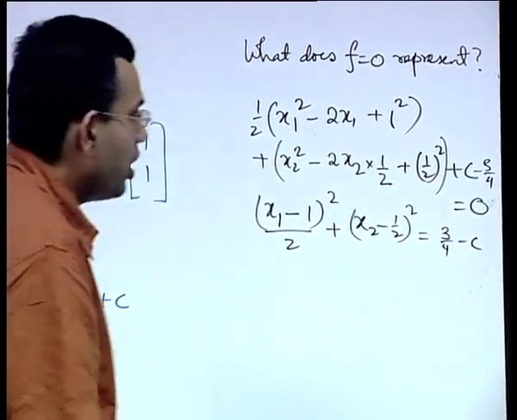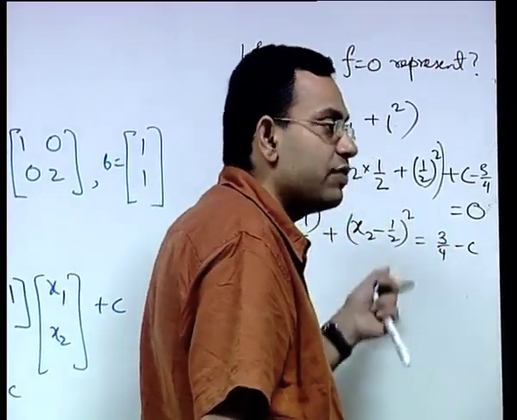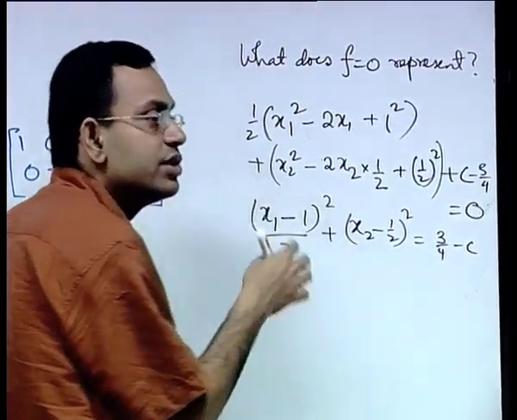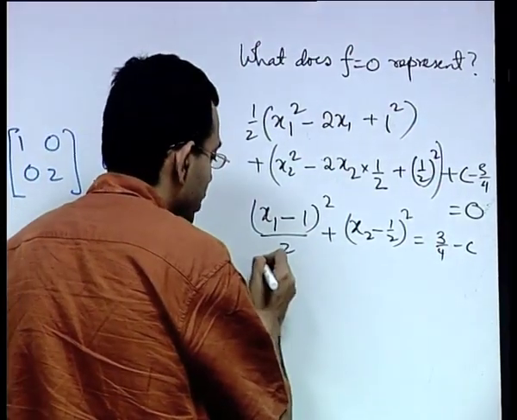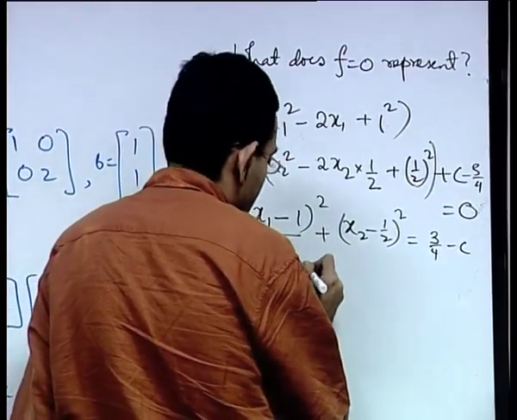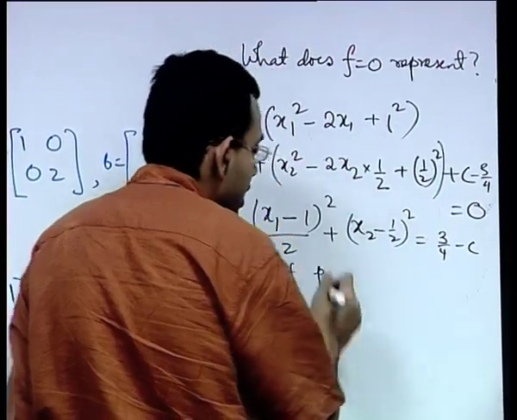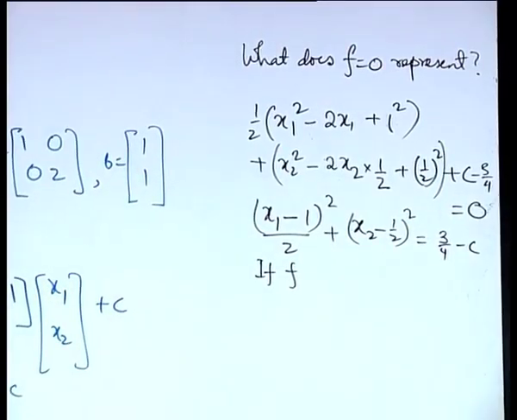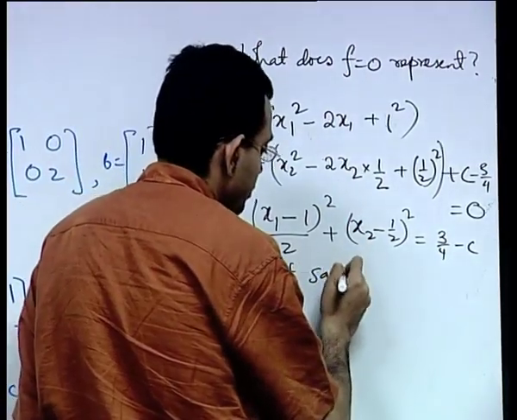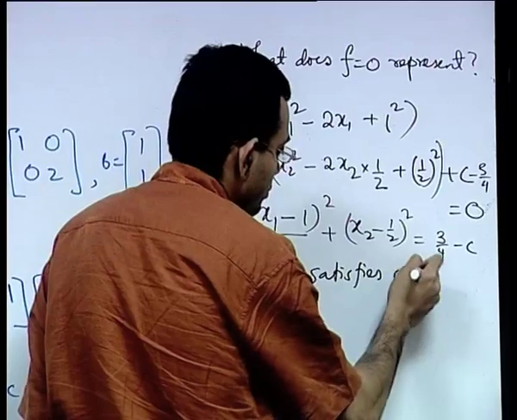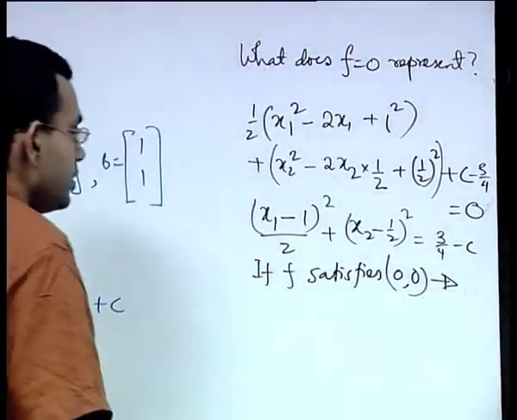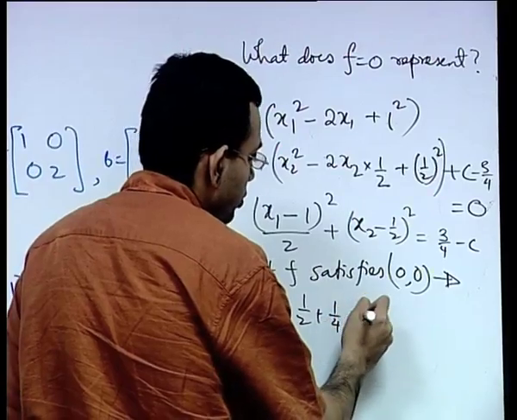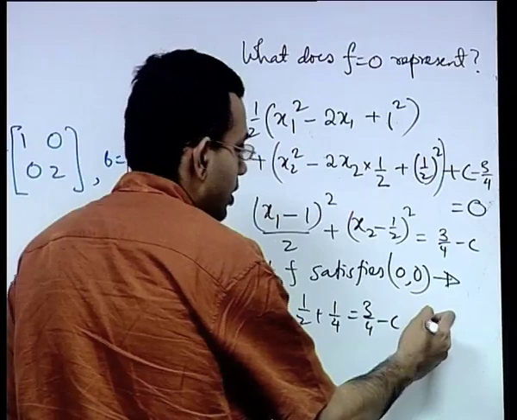You can specify the choice of c by forcing this function to pass through a particular point. For example, if you allow it to pass through 0 comma 0, so, if f passes through or satisfies 0 comma 0, then half plus 1/4 is equal to 3/4 minus C. So, what is C?